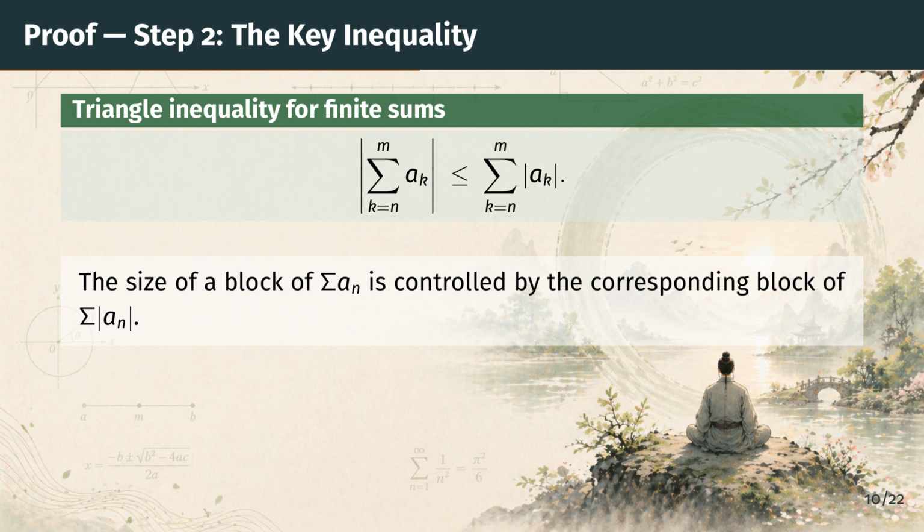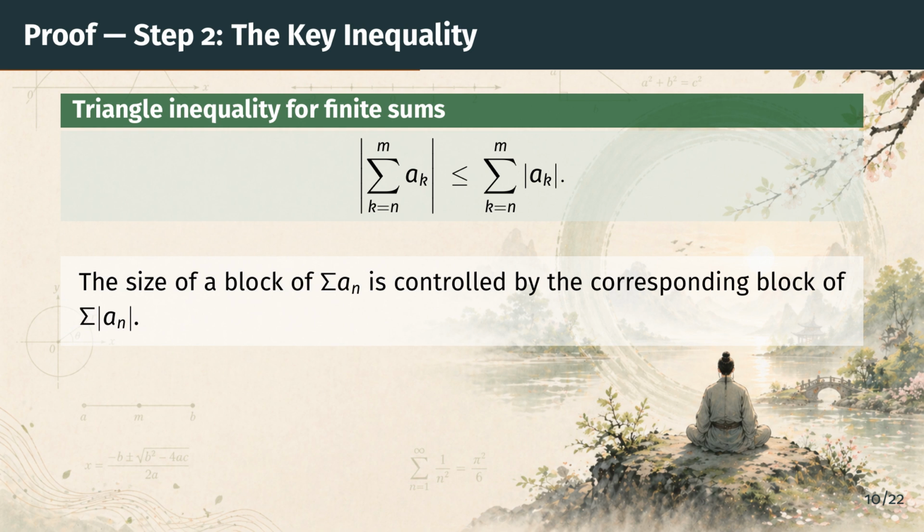The size of x plus y is at most the size of x plus the size of y, extended from two terms to a whole block by applying it over and over. Its importance is that it links the two series term by term. Whatever a block of the original series does, it is trapped underneath the same block of the series of sizes.